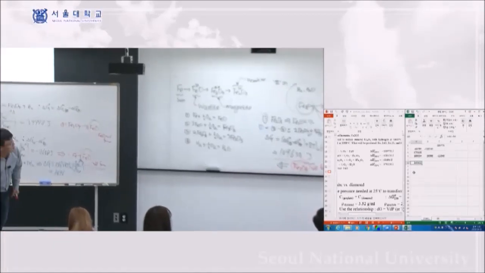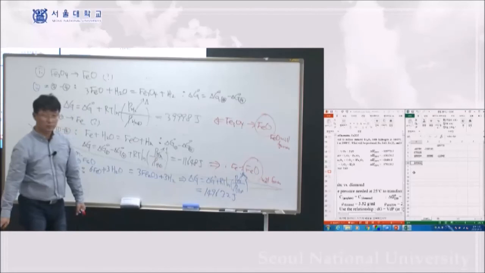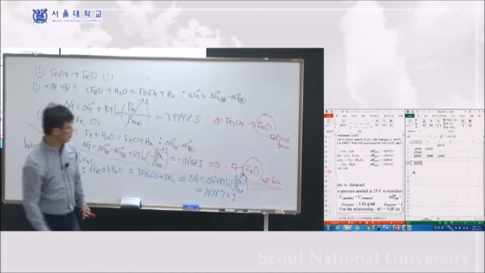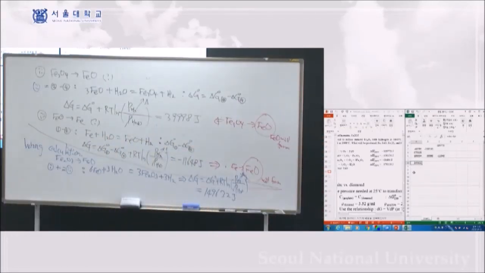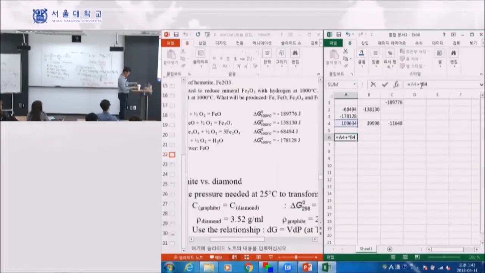Is it okay? 1 plus 1? 1 plus 2. 2 times. Why is it not working? 2, okay. So 189630.